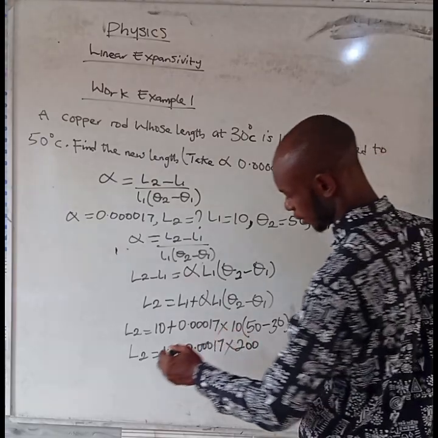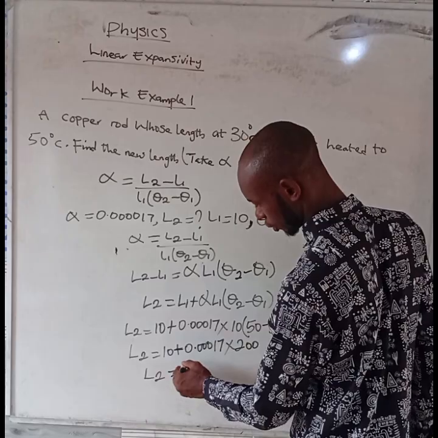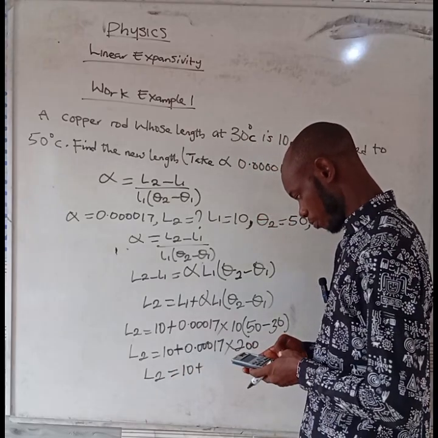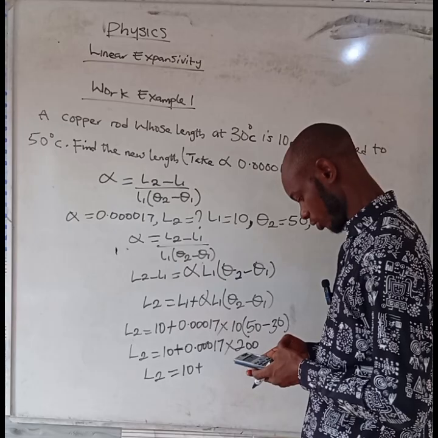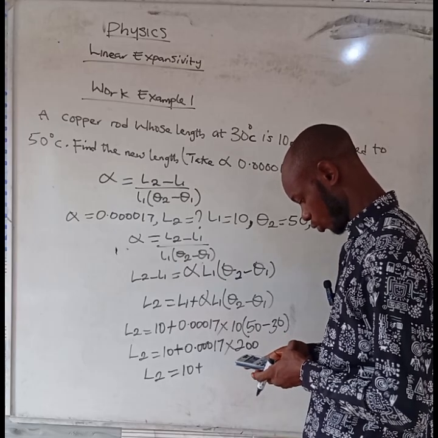So now I have L2 is equal to 10 plus 0.00017 times 200.